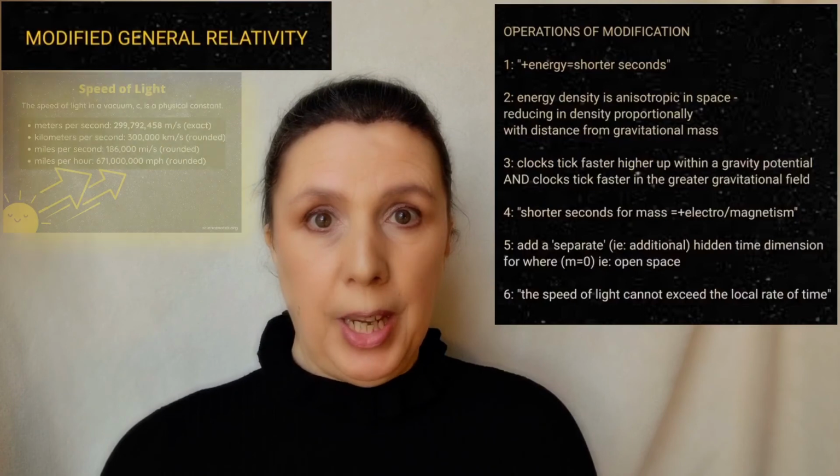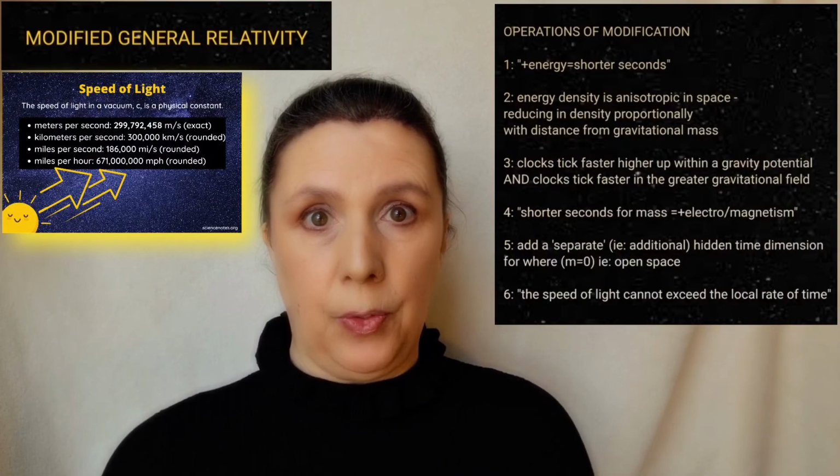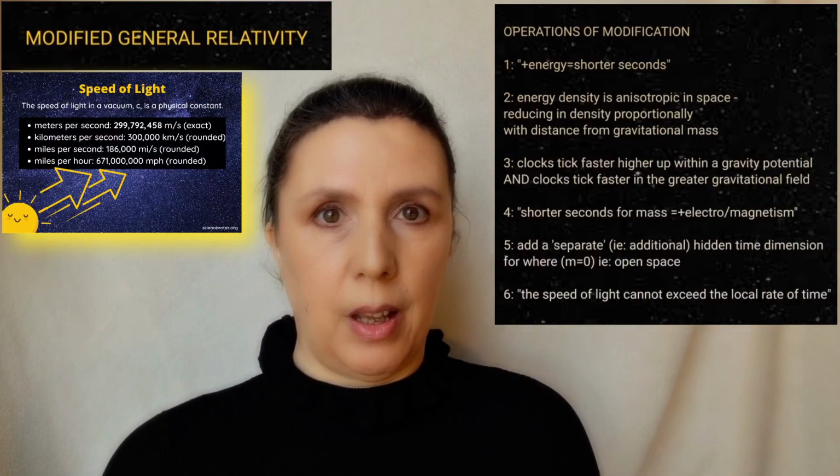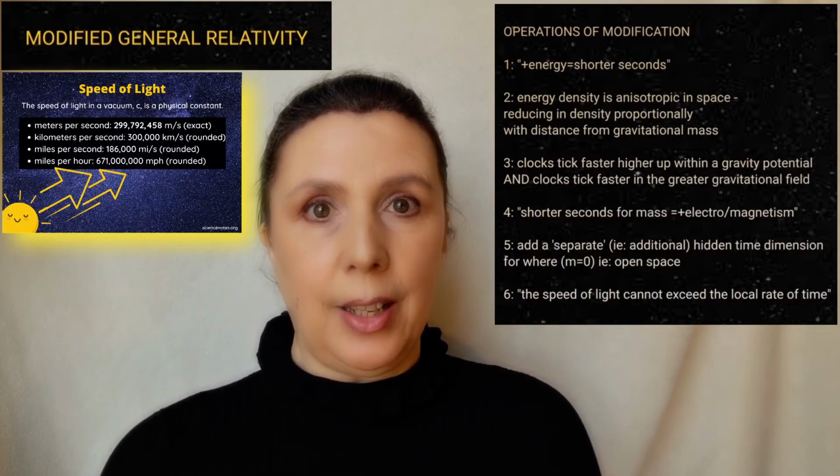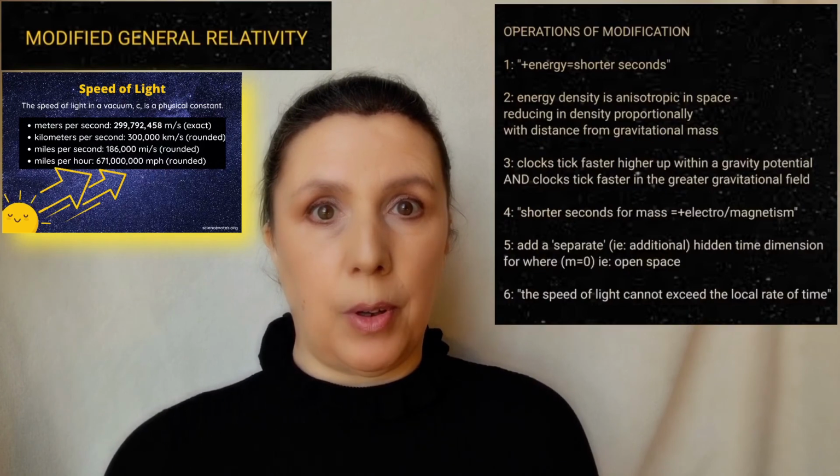Bearing in mind that the speed of light is a distance held relative to the length of a second, add to general relativity the axiom the speed of light cannot exceed the local rate of time.